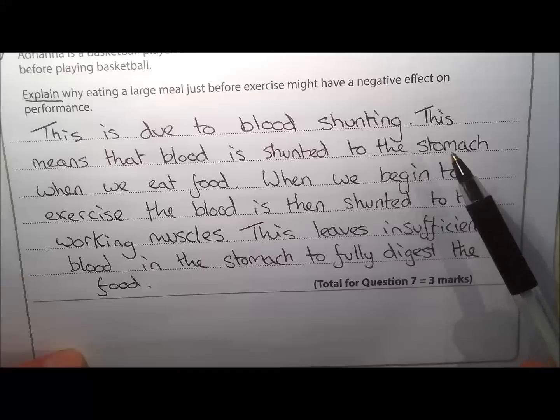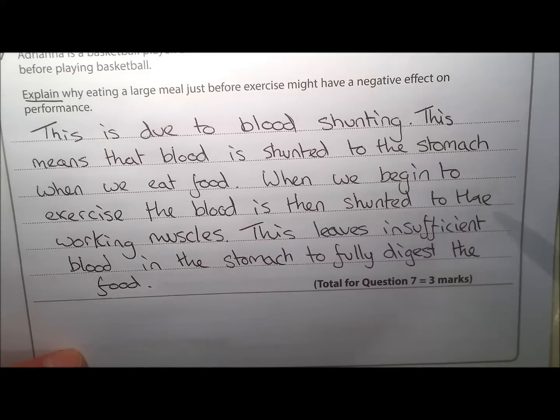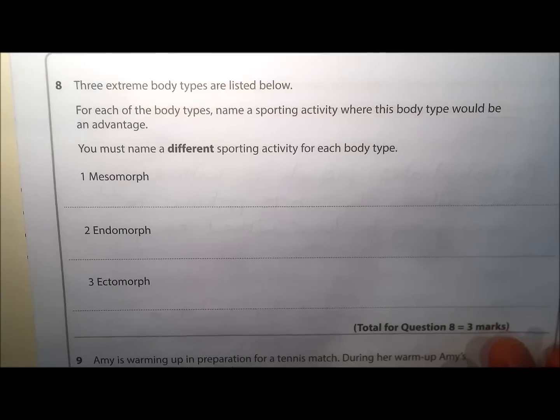This is due to blood shunting. This means that the blood is shunted to the stomach when we eat food. When we begin to exercise, the blood is then shunted to the working muscles. This leaves insufficient blood in the stomach to fully digest the food.